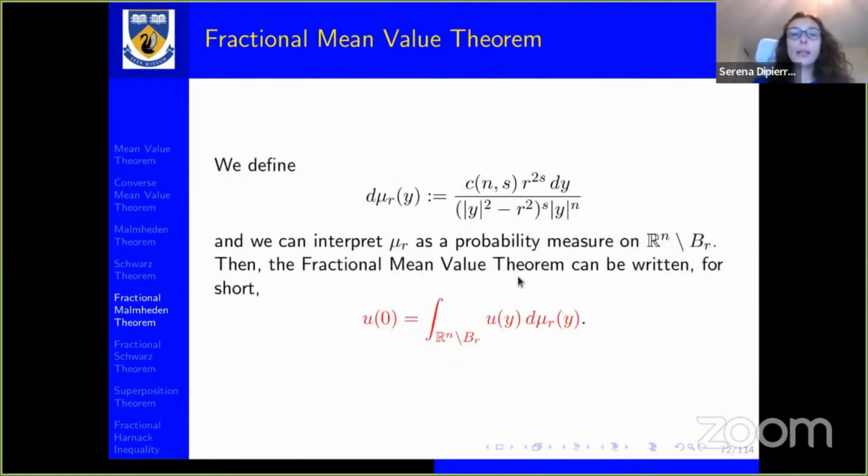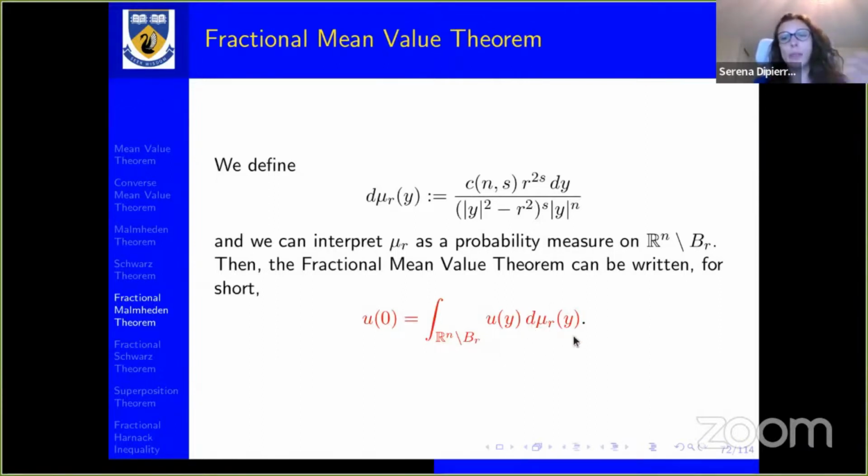To make the comparison with the classical case, we can rewrite the kernel in such a way that we write the fractional mean value theorem as an integral over the ball of v of y in some measure sense.